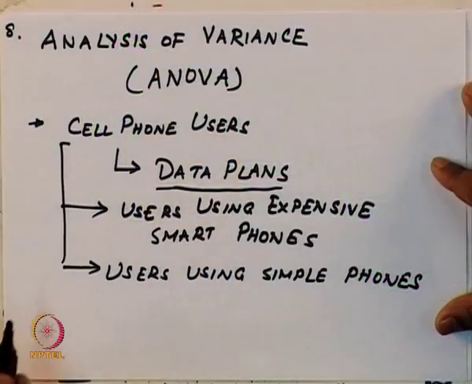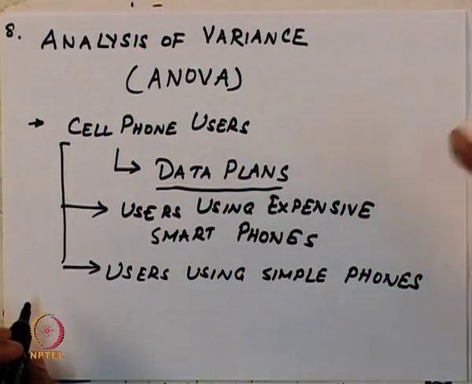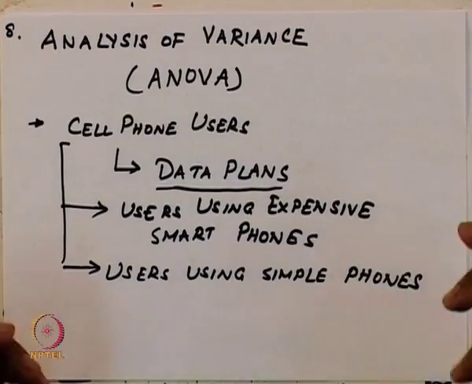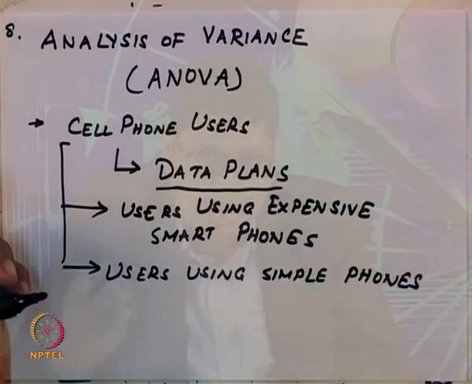So, when a company is thinking of what should be its pricing strategy, it should take into account the inherent variation in the population. And analysis of variance is that procedure which allows us to incorporate the effect of a subpopulation on the variability of the overall population.